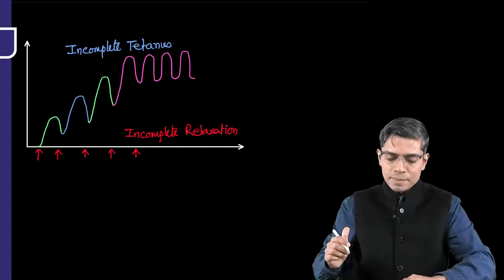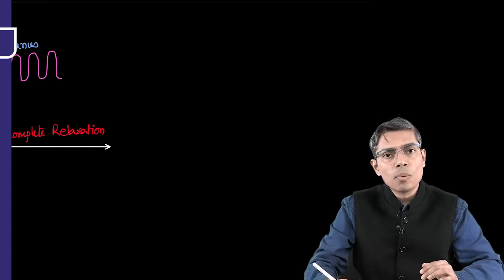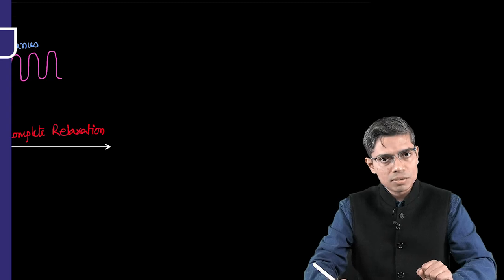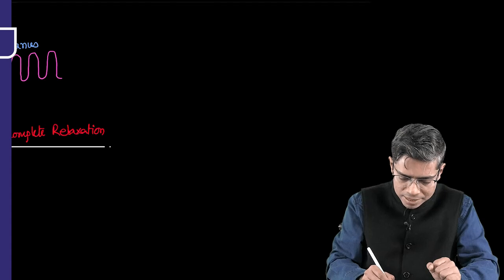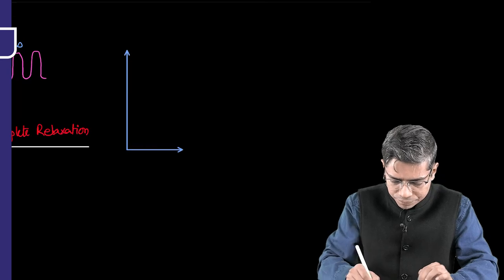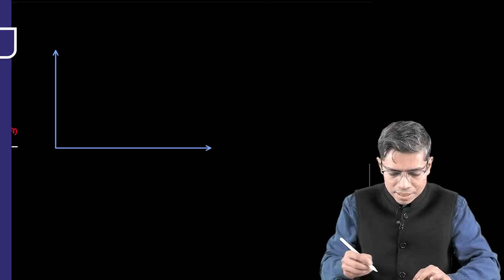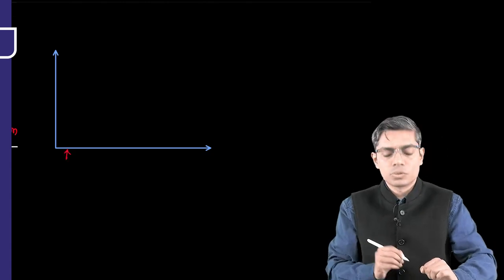Now if I raise the frequency of stimulation more than that of incomplete tetanus, so now, again, another graph. Here I am raising the frequency of this stimulus more. So what will happen?